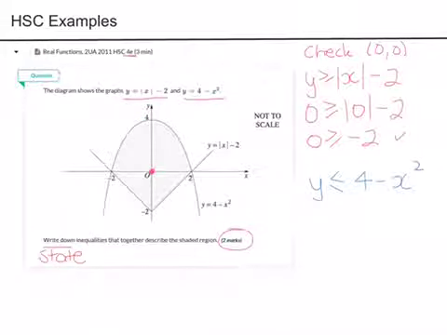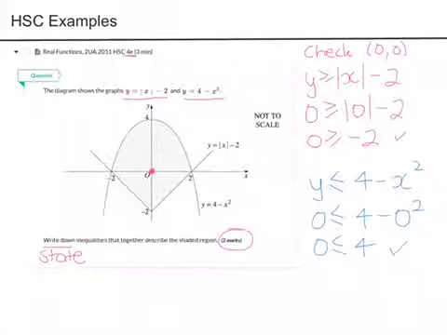Again, checking the coordinate 0, 0 that does exist inside that region, it gives us that 0 must be less than or equal to 4 minus 0 squared, which again is a true statement that 0 is a value less than or equal to 4.